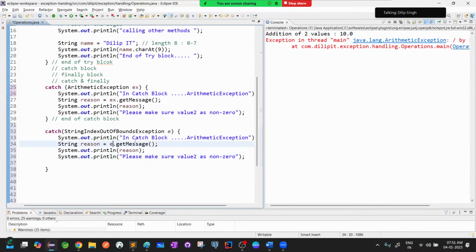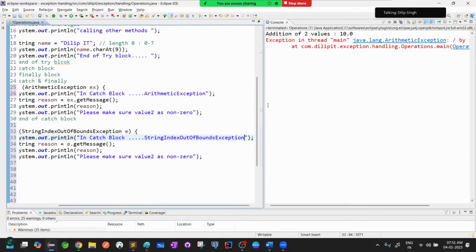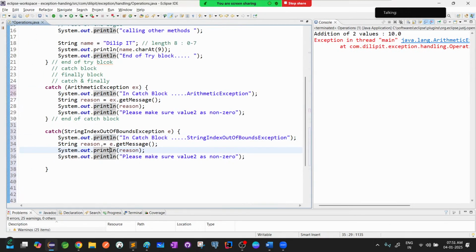See here, e dot getMessage in the catch block of string index out of bounds exception. I'm getting the reason message from that exception object and printing it as the reason.